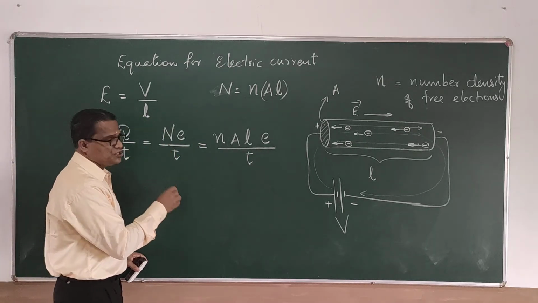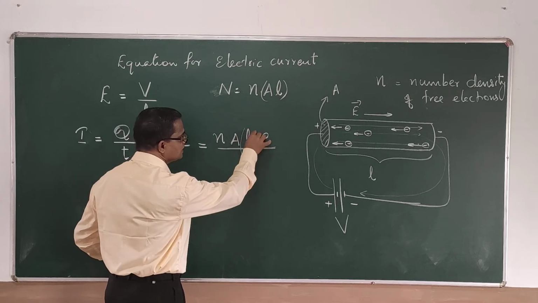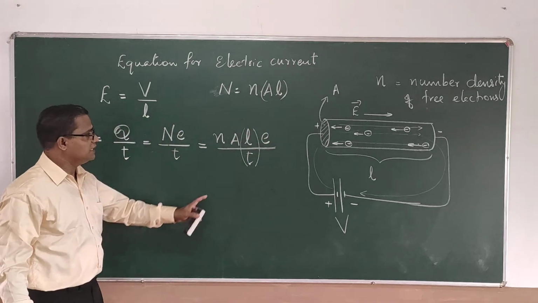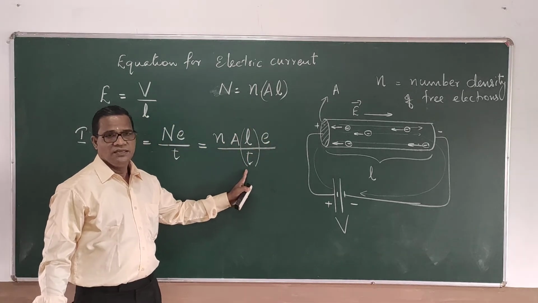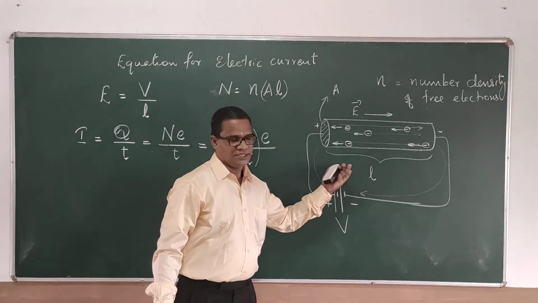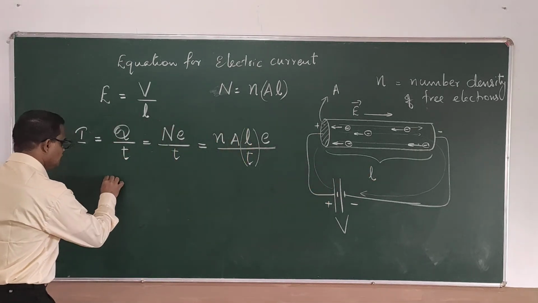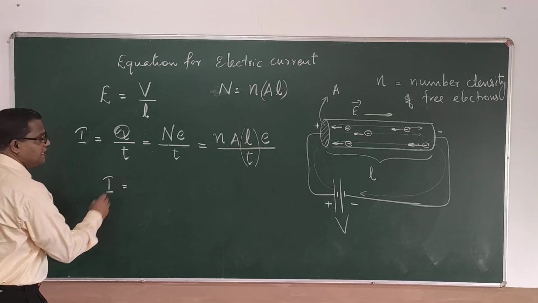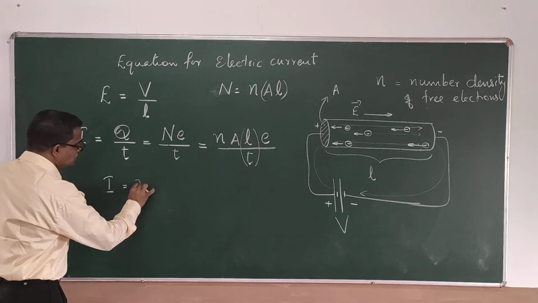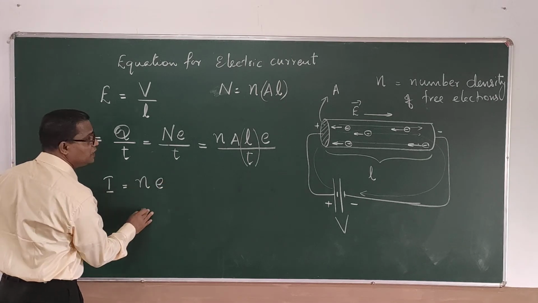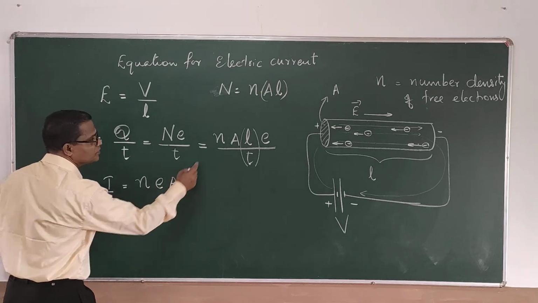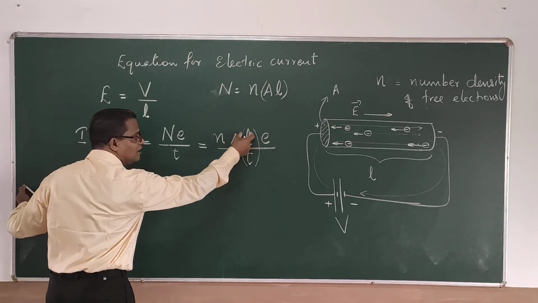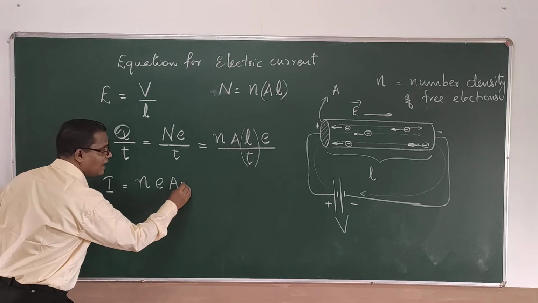Now, in this state, we introduce a new term here, L by t. We take an average velocity, and therefore I can be written as small n into e into A, that is these three, and L by t, I told you, is an average velocity.